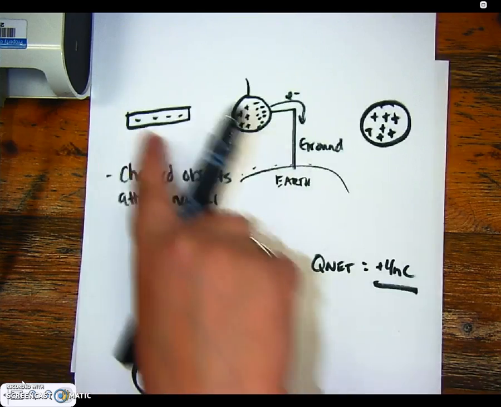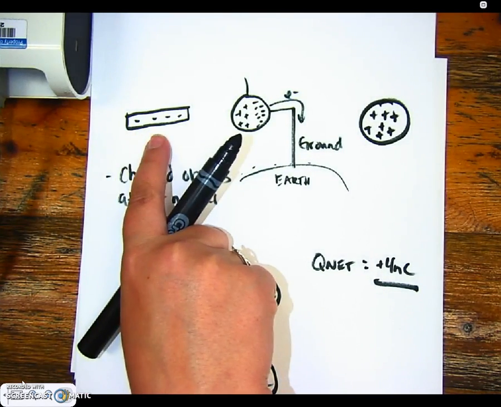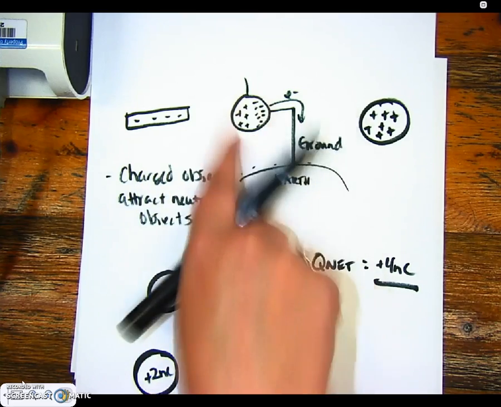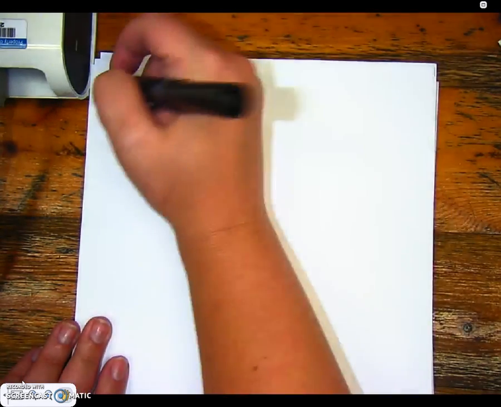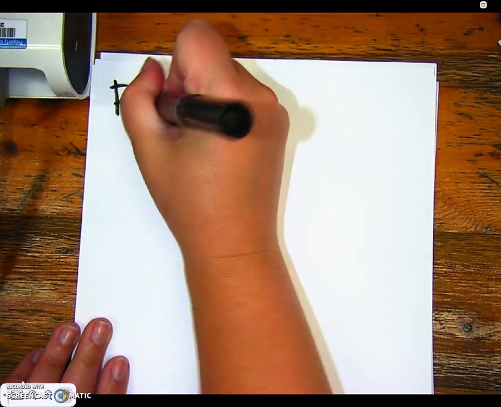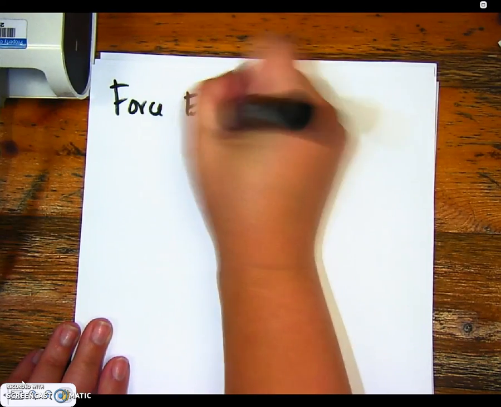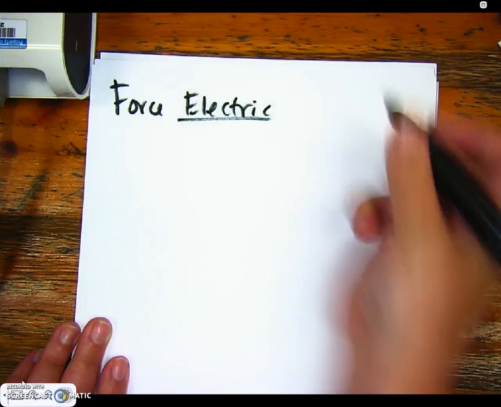All right, up here we talked about bringing a negatively charged rod close to a conducting sphere and pushing those electrons off to the side. Anytime we have a push or a pull in physics, that is a force, so we're going to talk about a force called the electric force.